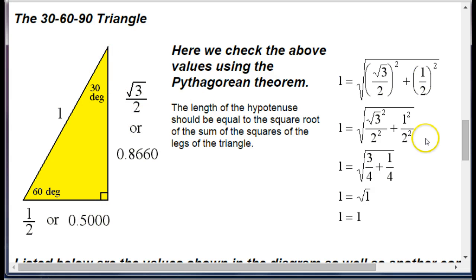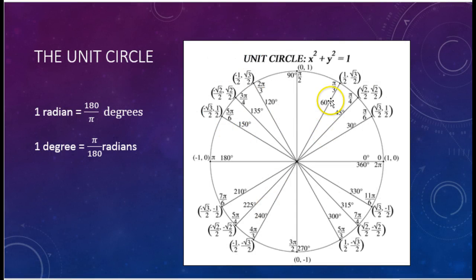So if you look at our unit circle where we have 60 degrees, our x, y is 1/2, square root of 3 over 2. And this turns out to be pi over 3, because pi is the same as 180 and pi over 3 is 60. So that's 60 degrees. And then here's our 45-45-90. For 45, pi is 180, and 180 divided by 4 is 45.